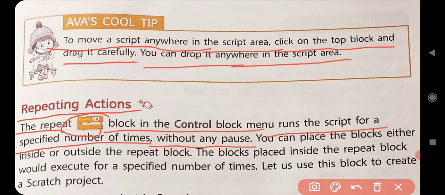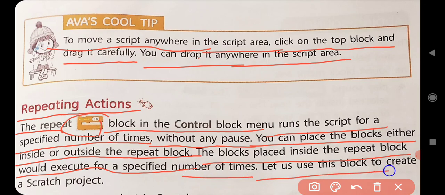You can place a block either inside or outside the repeat block. The blocks placed inside the repeat block would execute for a specified number of times. Suppose we are placing blocks in a repeat block, they will execute as many times as specified.